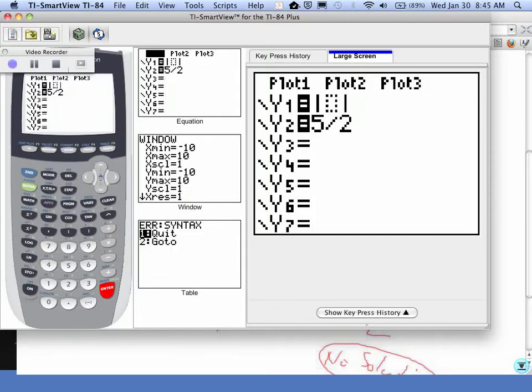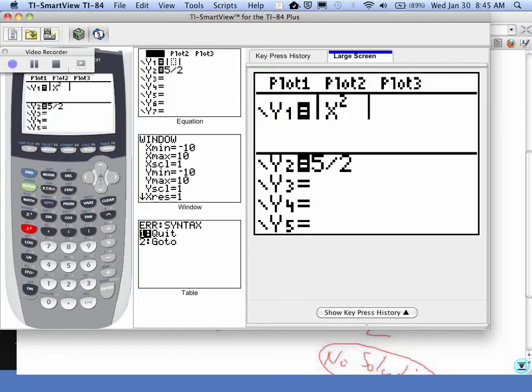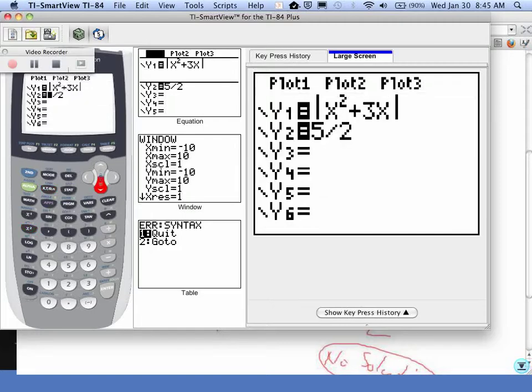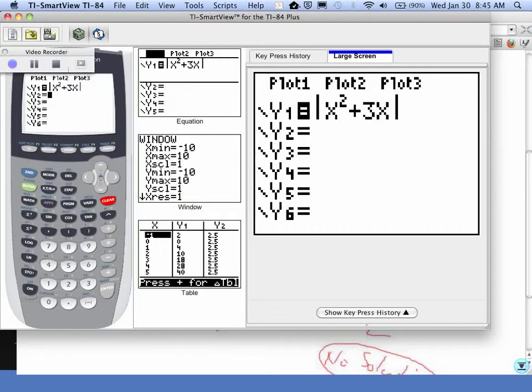Some of you are going to have ABS with a parenthesis. Just type in parentheses what it is. So what was in there? X squared. What was inside the absolute value? Plus 3x. The right-hand side of the equation was -2x plus 4.